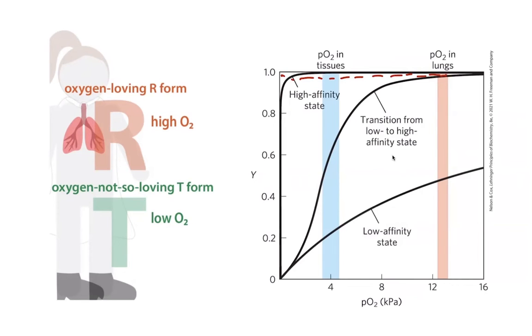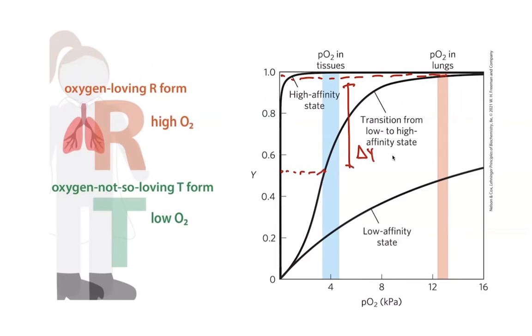So we're going to be somewhere in this range, where maybe around 50% or so of the hemoglobin is going to be bound. So we're going to have a big change. So delta Y is going to be very big.